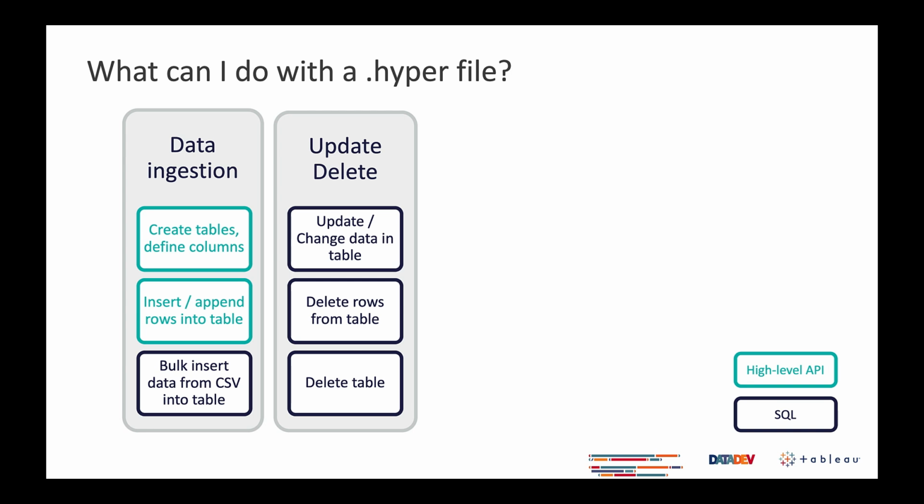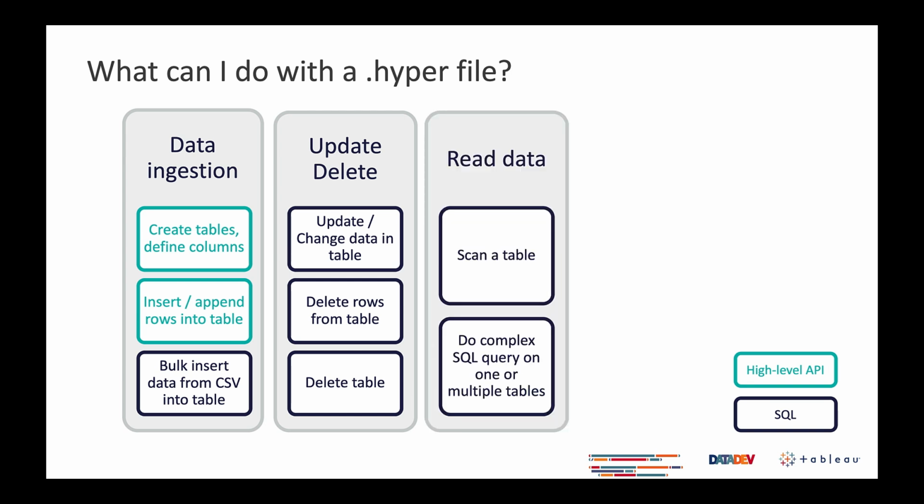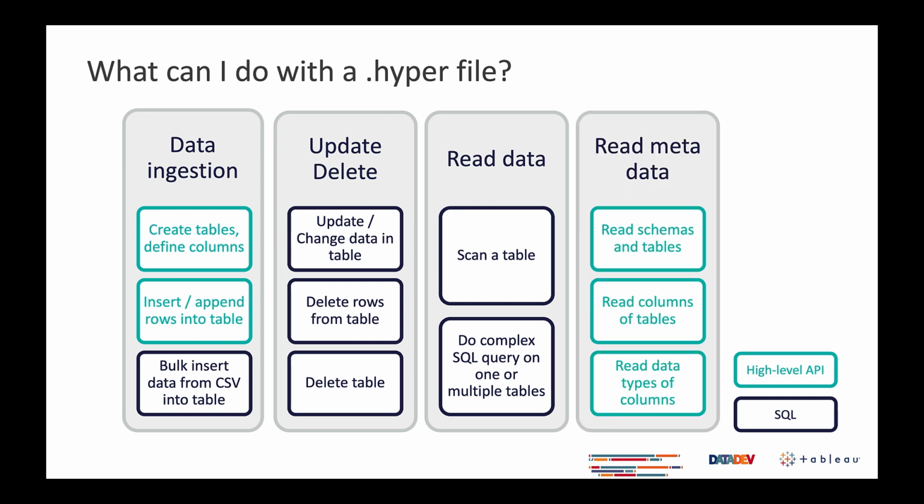You can delete rows, you can delete whole tables, you can read data, like I mentioned, scan tables, do complex SQL queries on one or more tables. So these are things like joins and unions, all fully possible within the Hyper SQL, with the API.